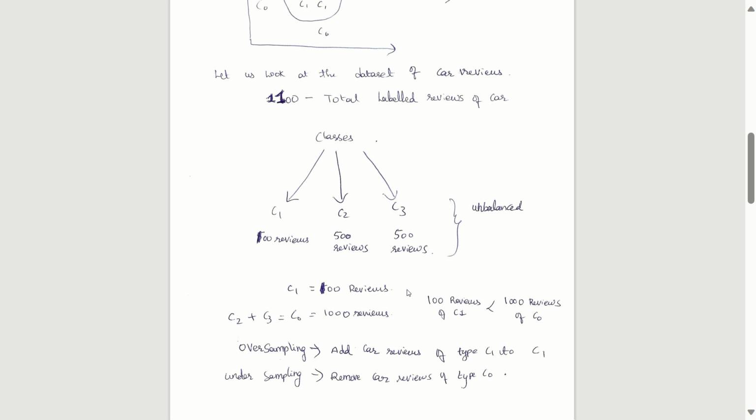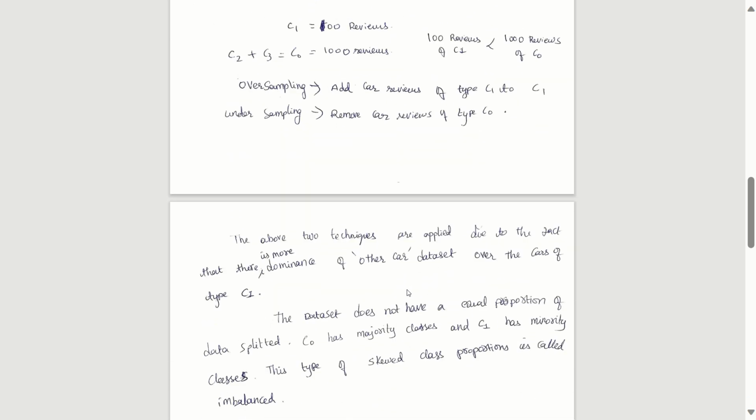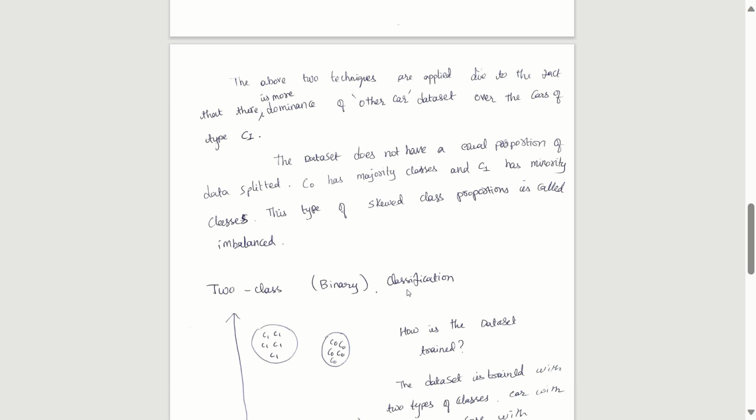Or the other way around, undersampling: for C2 and C3, the other cars, we remove car reviews such that it equals the 100 reviews of C1. It's nothing but removing the reviews to equalize. Those are the two techniques involved here to balance.